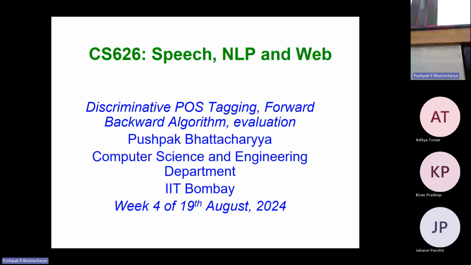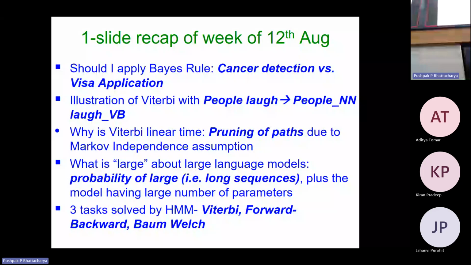One of the situations was cancer detection. Given the patient's features, the patient's various parameters, you want to decide whether the patient has cancer or not. If we apply Bayes theorem, then the probability values we have to consider are the prior probability of cancer and the probability of the patient parameters given that the patient has cancer.